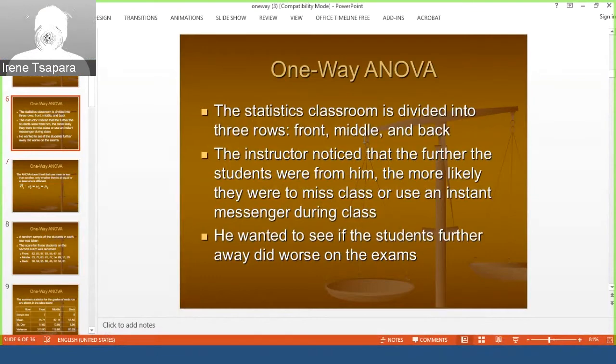In an actual face-to-face class, most of the time the students who sit in the back row are the students who get lower grades.